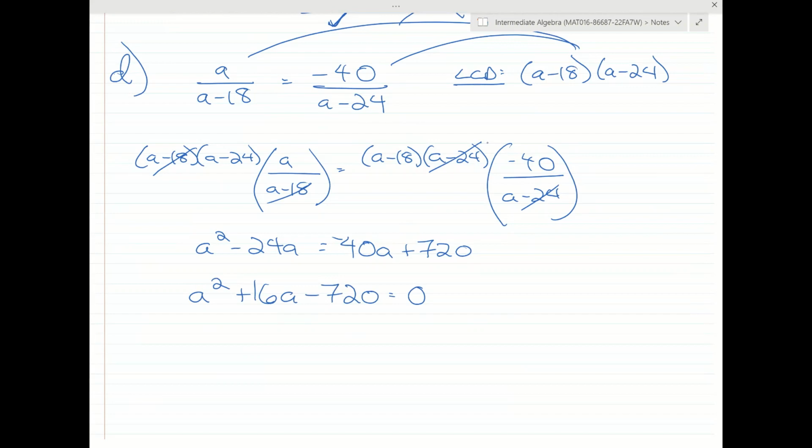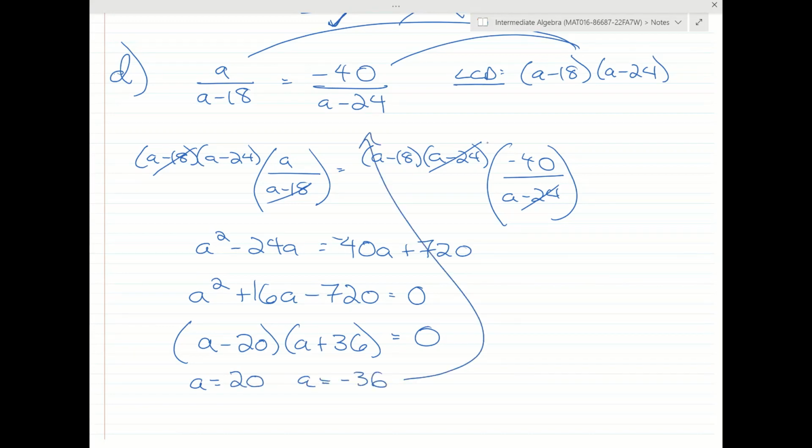This will be a little bit cruel to ask you to factor this, so I'll just do it. The answer is just going to be a minus 20 and then a plus 36. Those would be our factors. And we just get a as 20 and a would be negative 36. Both of these are fine because they don't make the denominator 0.